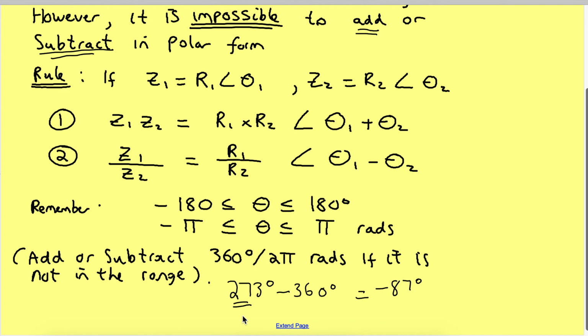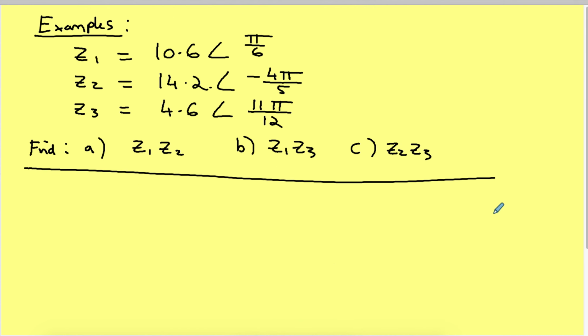So let's have a look at some examples. So here we go. I've got three complex numbers here. 10.6 at an angle of pi by 6, 14.2 at an angle of negative 4 pi by 5, and I've got 4.6 at an angle of 11 pi by 12.